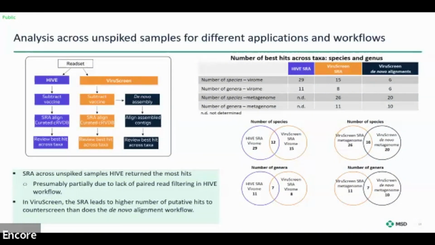So if we look at the number of genera, though, when we look at the SRA and the de novo alignments, we have almost the same number. So that's reassuring. So we do think that the Hive is returning more hits because we have a paired read filter that we apply in virus screen and not in Hive. But again, now we're seeing that we do have a higher number of putative hits.